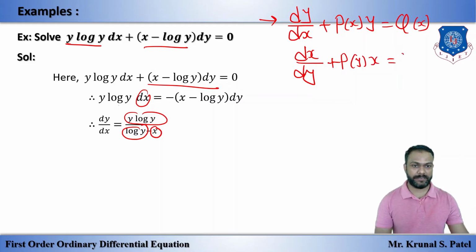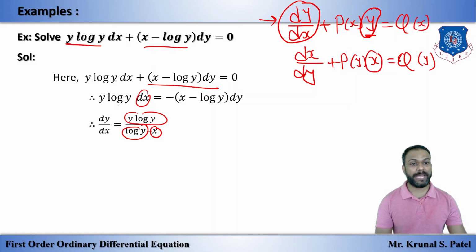Whenever in the equation you have only y raised to 1 and the other term is dy by dx, you have to use this. When we have x raised to 1, that means x is the only term and dx by dy, then we have to convert it into this form.